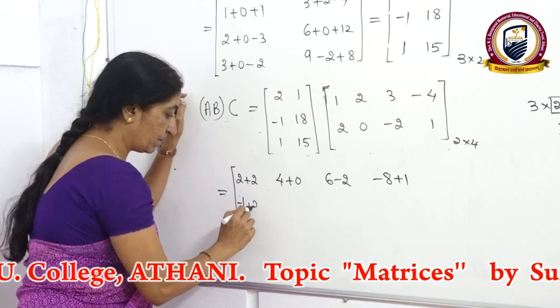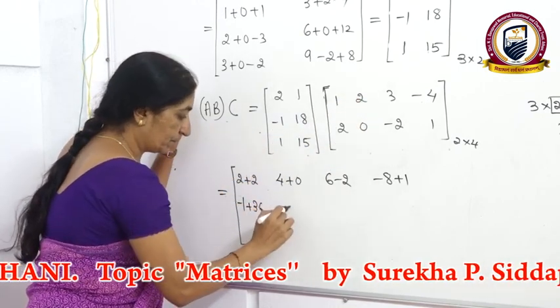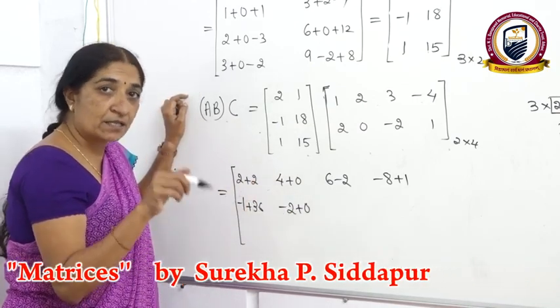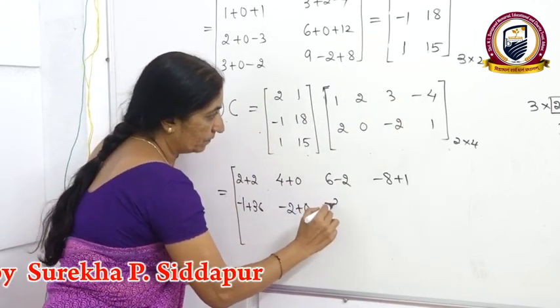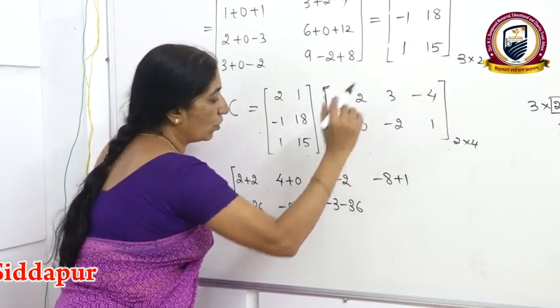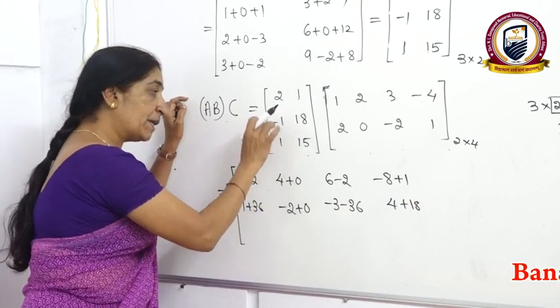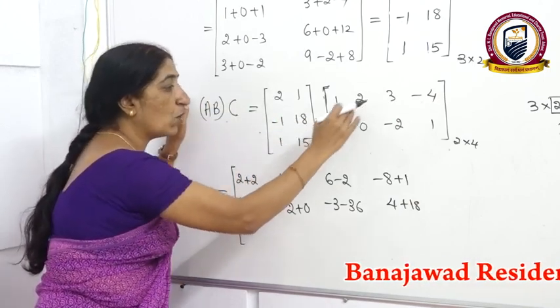Minus 1 plus 36. Next, second row with second column. Remember, in that we have to multiply the corresponding elements. Second row with third column. Then second row with fourth column. Then after completing the second row, we have to move to the third row. Third row with all the columns.